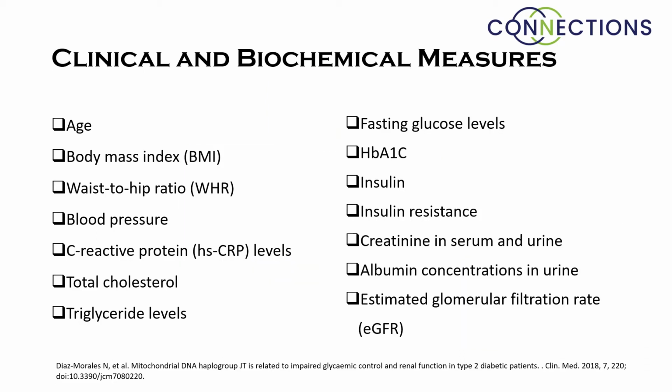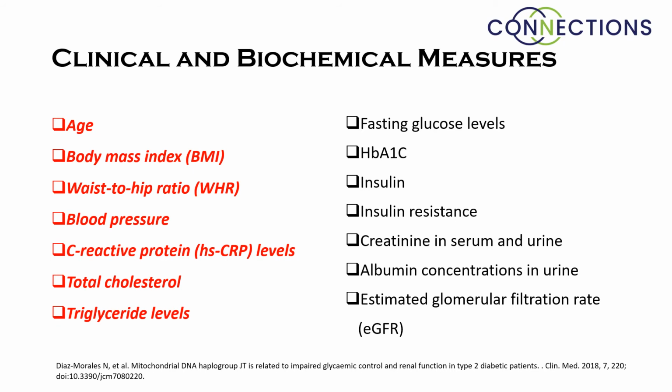Now, the clinical and biochemical outcomes that were measured included age, body mass index, waist to hip ratio, blood pressure, C-reactive protein, total cholesterol, triglyceride levels, fasting glucose levels, A1C, insulin, insulin resistance, creatinine in serum and in urine, albumin concentration in urine, and estimated GFR.